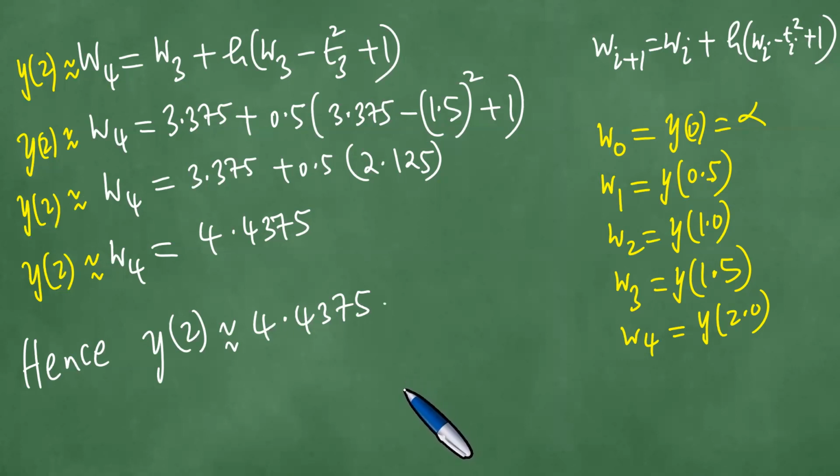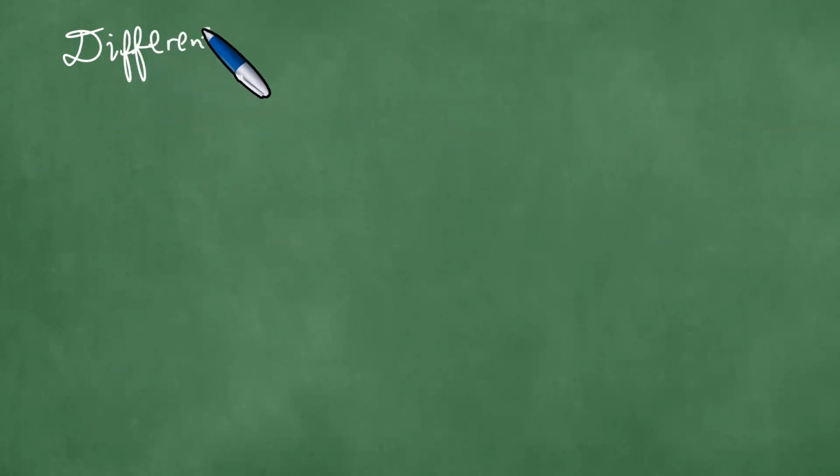Right, and now I want to give a comment. There's something we call the difference equation. So we shall speak about the difference equation, just some terminology in relation to Euler's method.